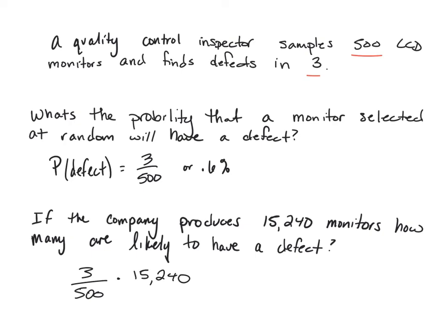So if I do 3 divided by 500 and times that by 15,240, I can say there's about 91 monitors that'll be defective. That's what I would expect based on that probability.